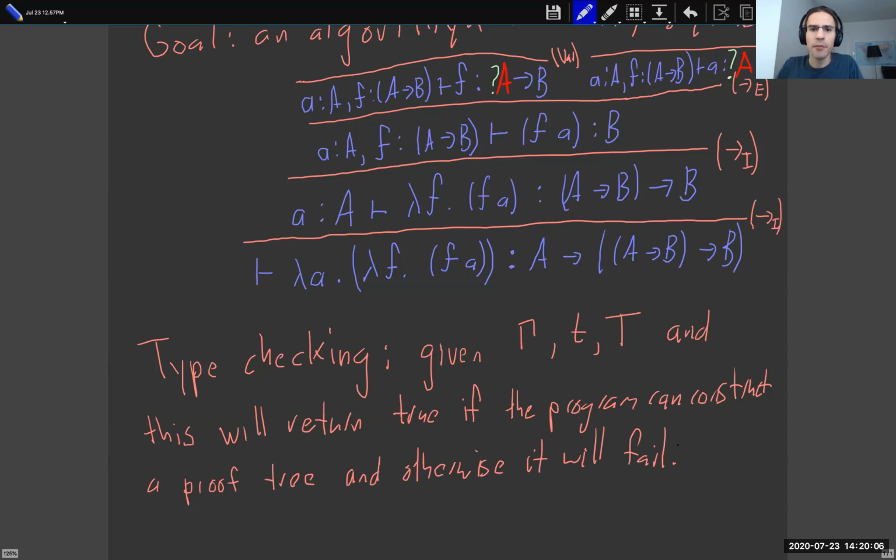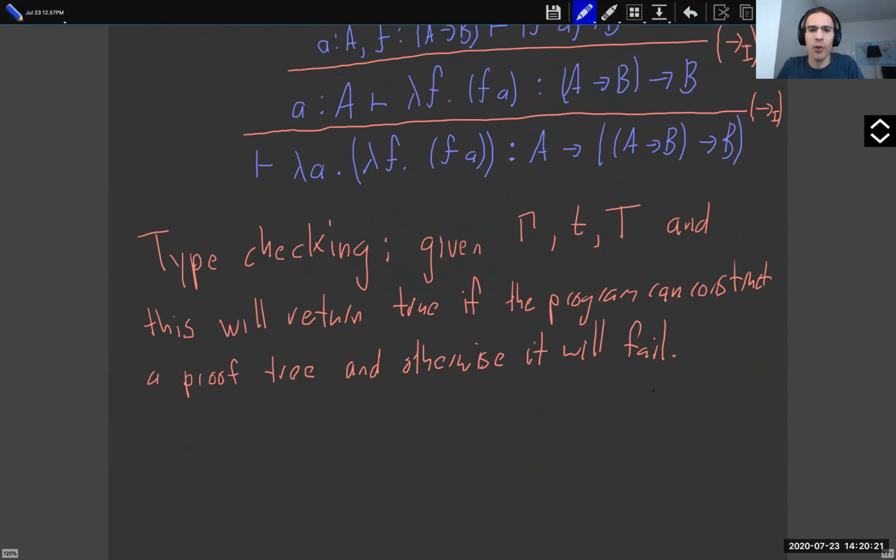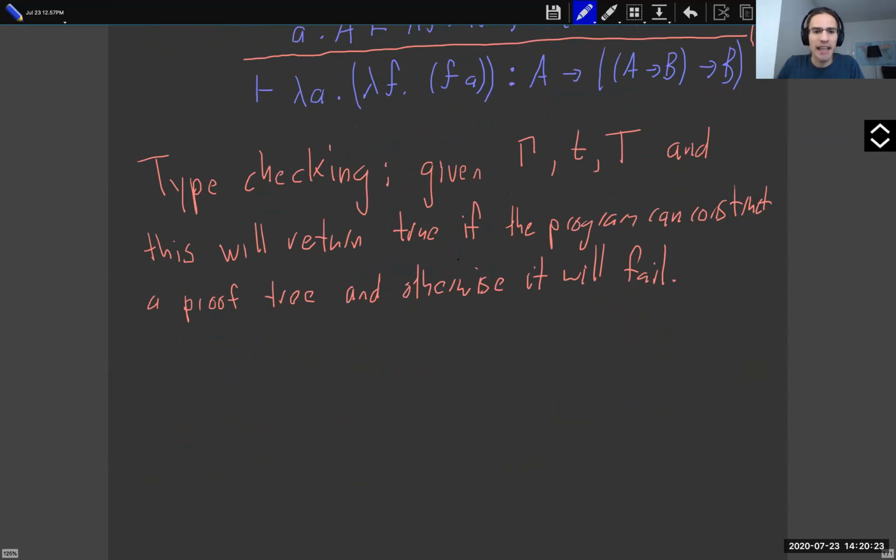Now, one point that I'm not going to discuss right now, but that we're going to come to later, is I wrote it will return true if the program can construct, which is different from writing if there exists. So that's a point that will be addressed later. And then, okay, so the type checking problem is written as follows.